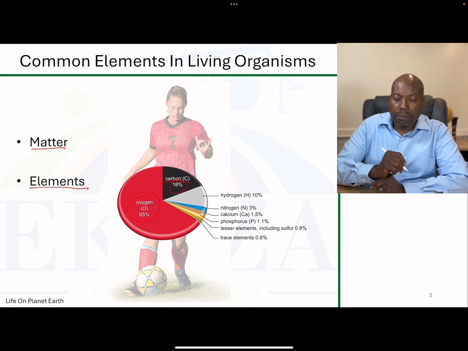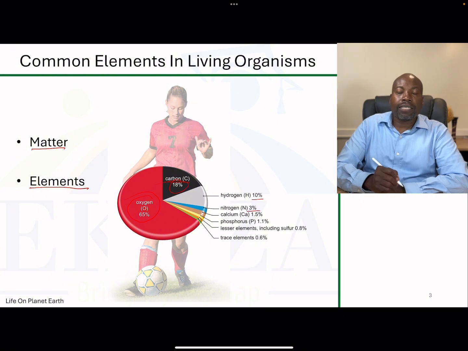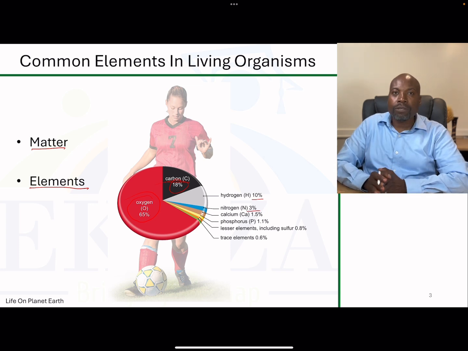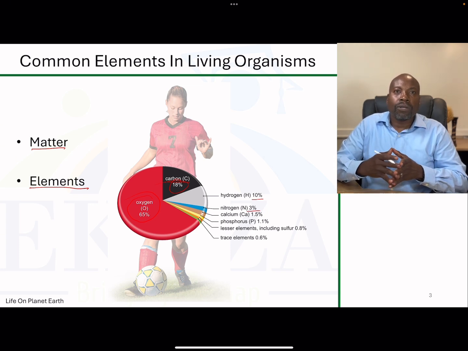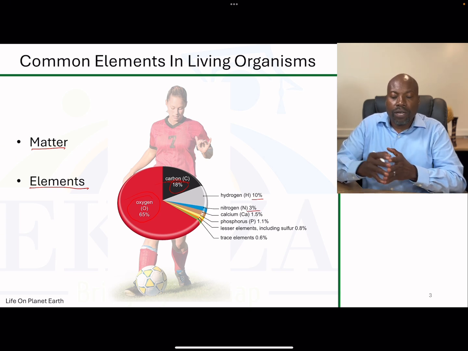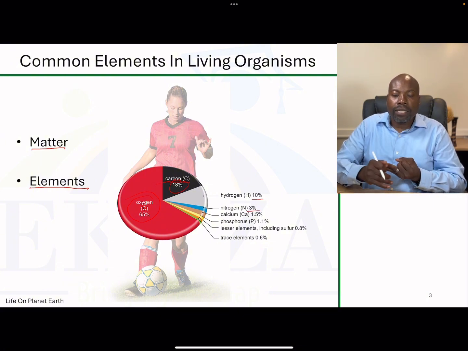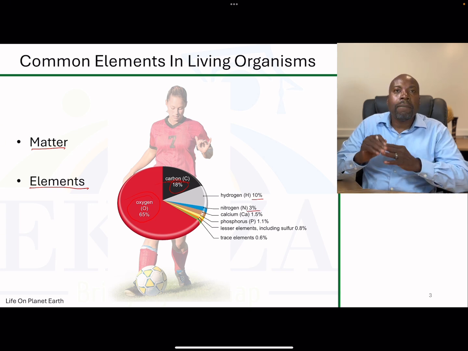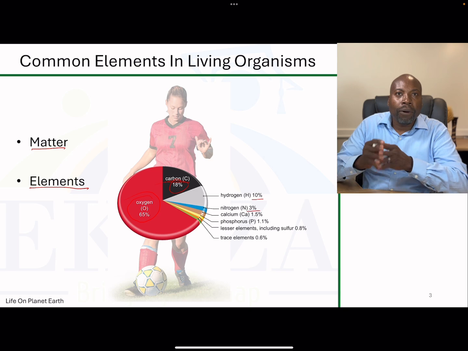Then we have hydrogen that accounts for 10%, and nitrogen that accounts for 3%. So when we look at these four elements compared to all other elements that make up our body, not only us, but also all other living organisms, we notice that these four elements, carbon, oxygen, hydrogen, nitrogen, are by far the most abundant elements found in our body and in living systems.